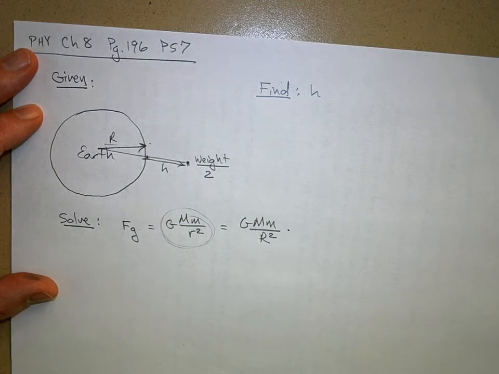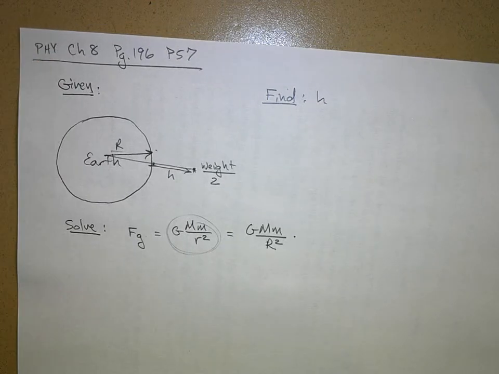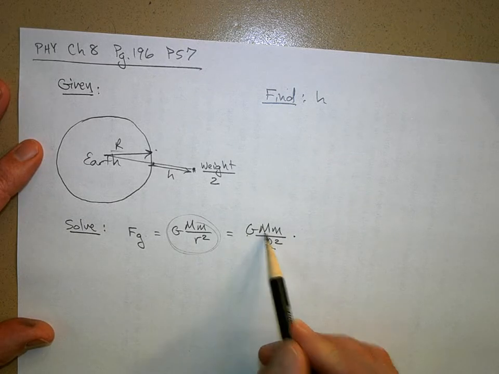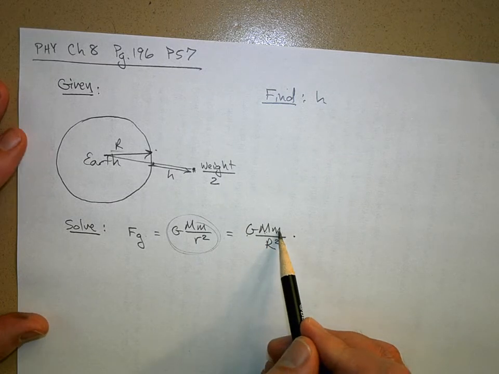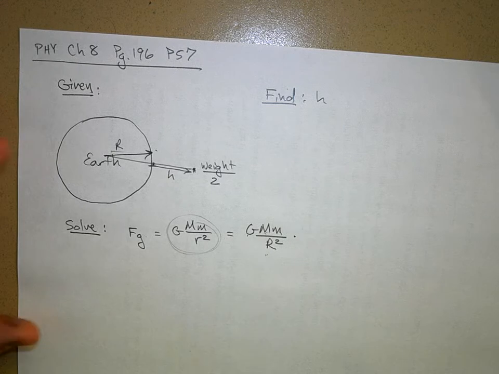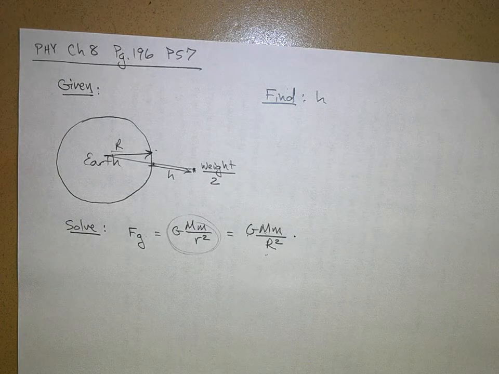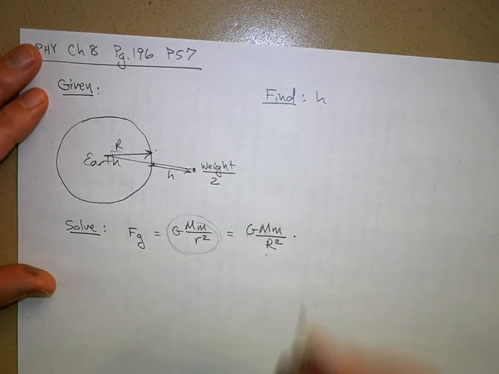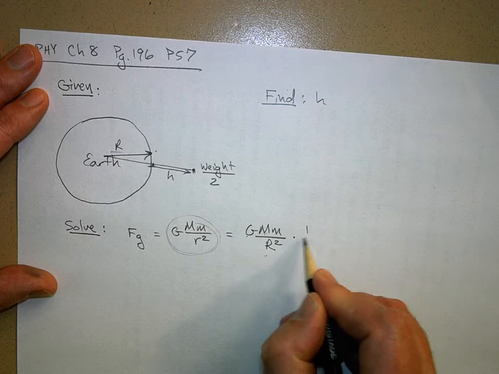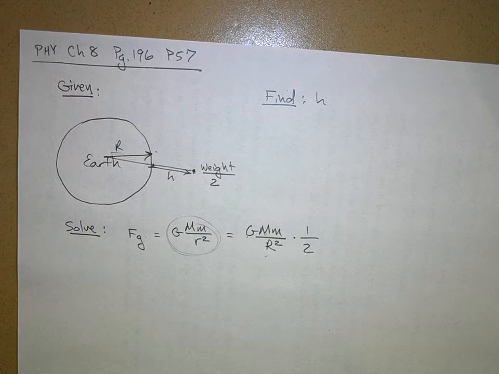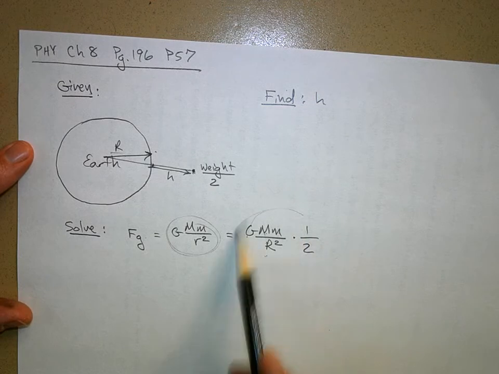Now, if you want to know what your weight is on the Earth's surface, you could take your mass and multiply it by 9.8 newtons per kilogram. But you could also do this. You could say big G times mass of the Earth times the mass of you over the radius of the Earth squared, because that's how far you are from the center of the Earth, right? It is the radius of the Earth when you're on the surface. But when we're out here, we're going to be half of that. So I'm going to multiply it by 1/2. Does that make sense? So this is half your weight on the surface.